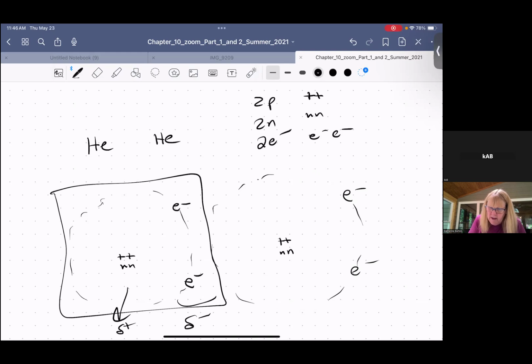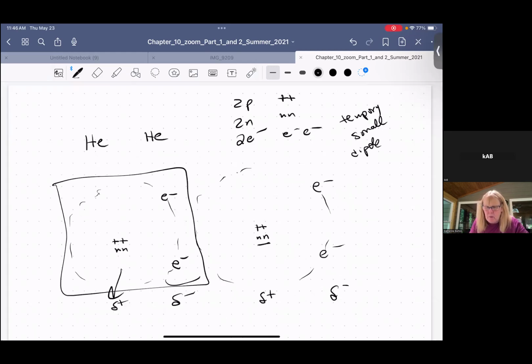And this one here has its nucleus as a partial positive and these electrons over here as a partial negative. And it is the nucleus of one pulling on the electrons of the other that is going to give us this temporary and very small dipole on this molecule. And we say it's induced because it's in fact the nucleus of one that pulls on the electrons of the other and kind of pulls it into this asymmetric shape and makes it charged.